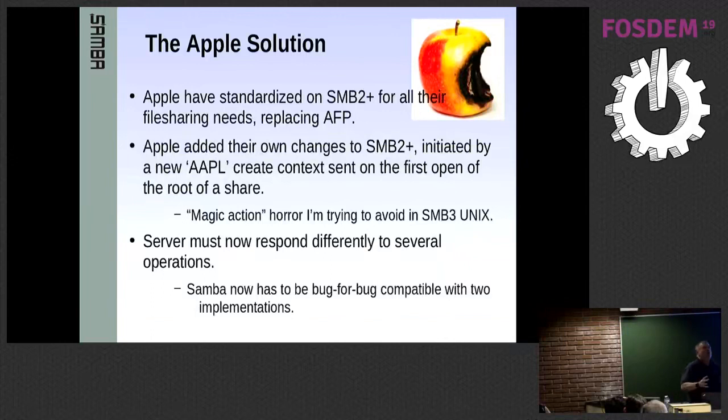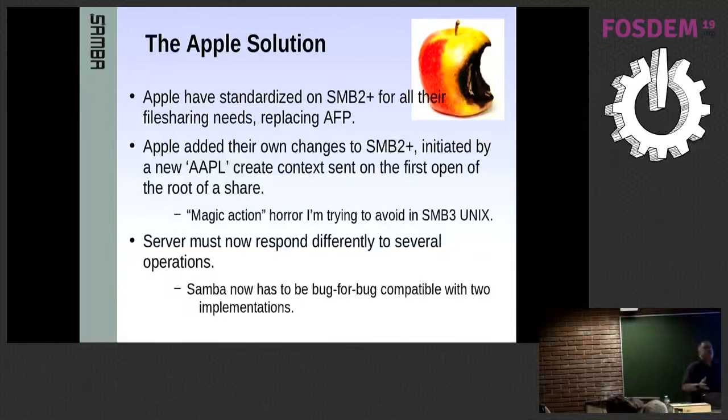So what they did was they said, oh, we're just going to keep a regular SMB1 connection, and then at the point that you actually attach to the network share, the first operation for an Apple server is a special magic open. And when you send that special magic open with a create context, I'll get into what create contexts are in a minute, of AAPL, then the server knows I'm a Mac client, and therefore I will behave differently and do different things.